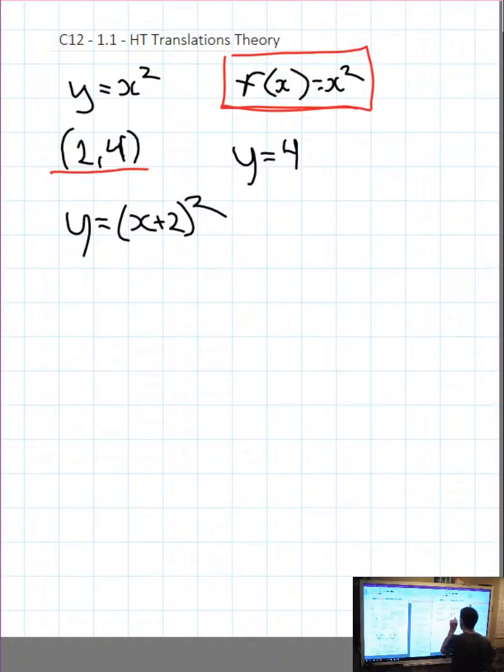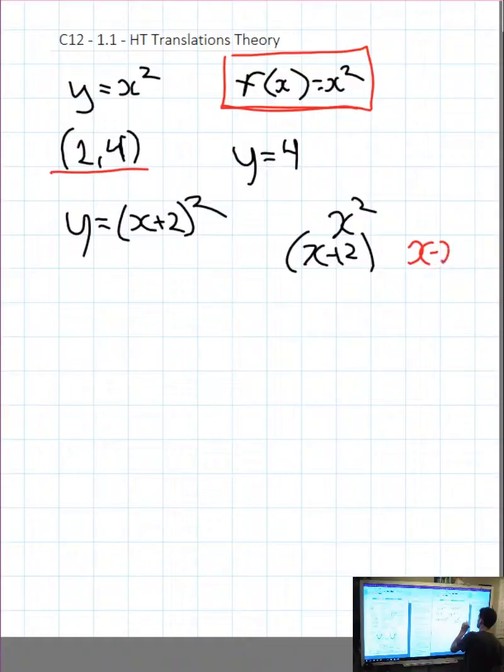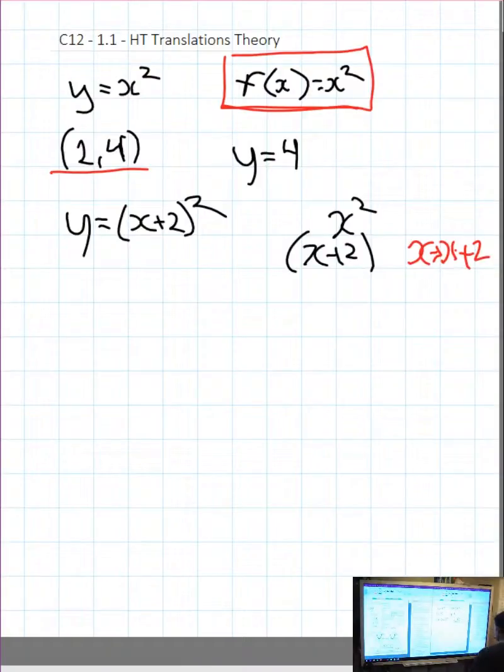I took x squared and I substituted. I changed x to be x plus 2. Now, most people think if I'm going to put x plus 2 in for x, that shifts it to the right, positive 2 in the right direction.